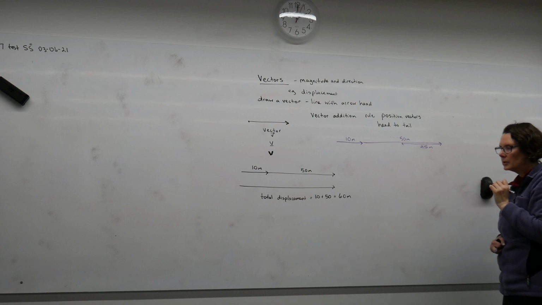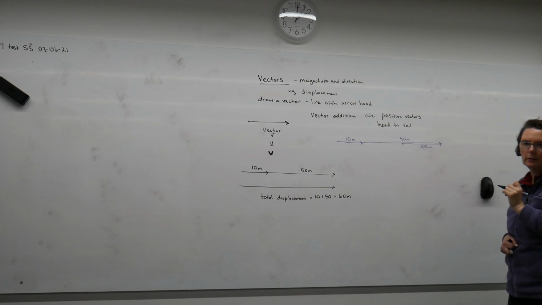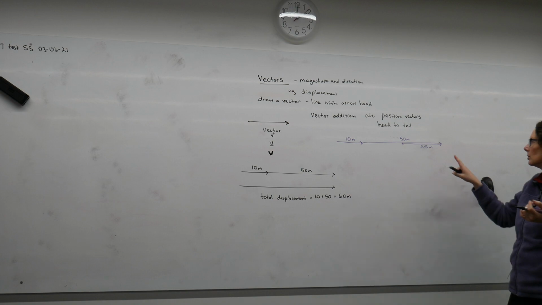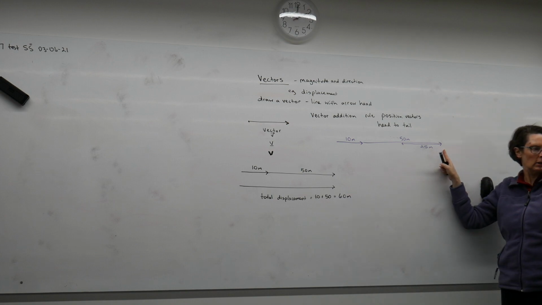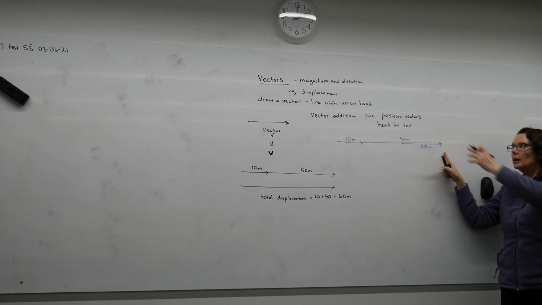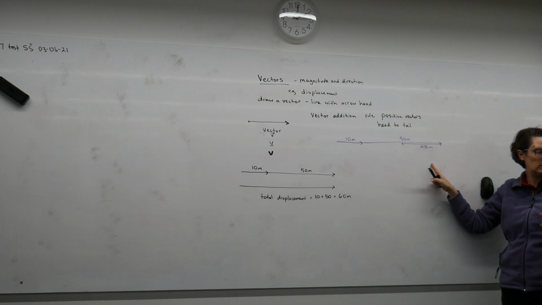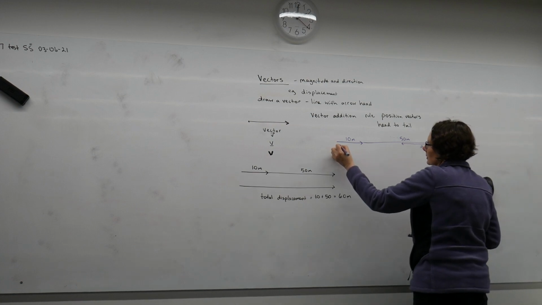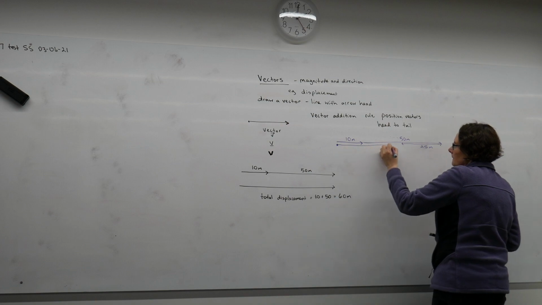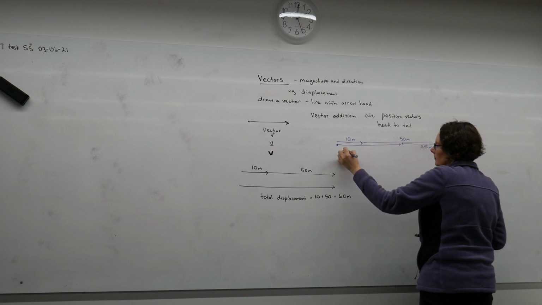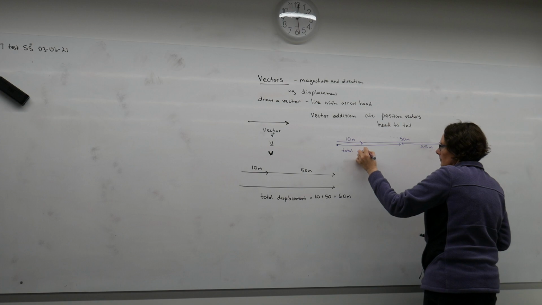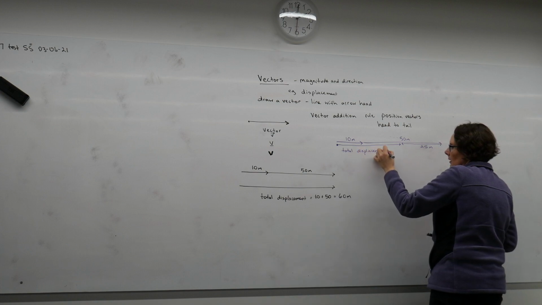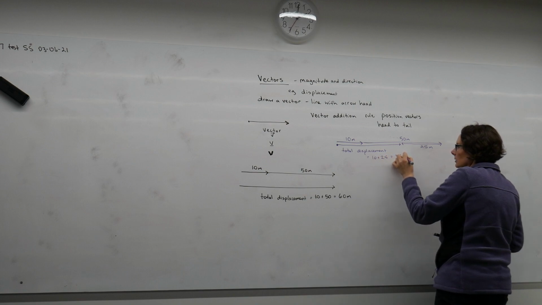Then we can still represent all of that with vectors, because this one, even though it's pointing in the opposite direction, is obeying our rule where we have to put the tail of our next vector on the head of the previous one. And so our total displacement in this case is equal to 10 plus 25, which is 35 metres.